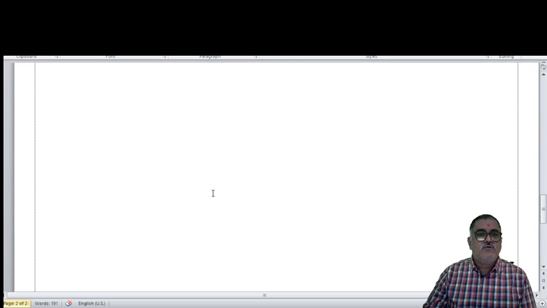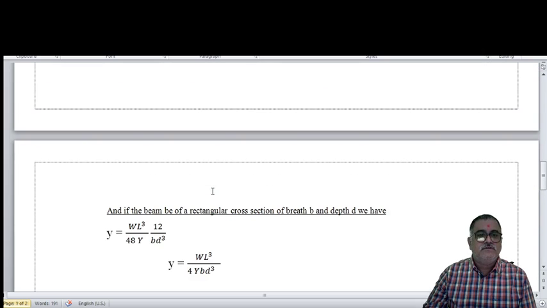In this way we will get the depression y in the bending of a beam which is loaded at the center.